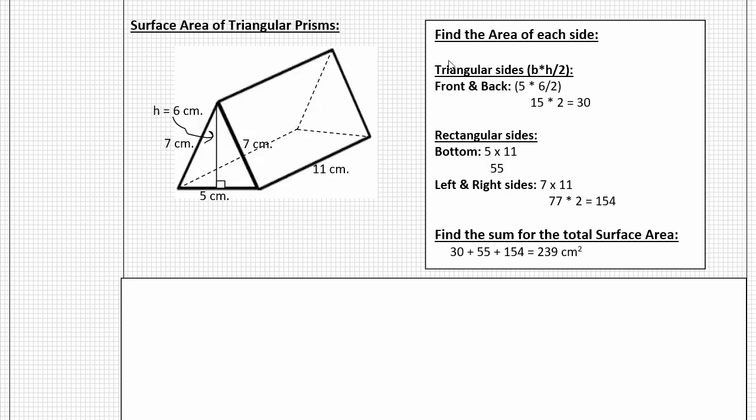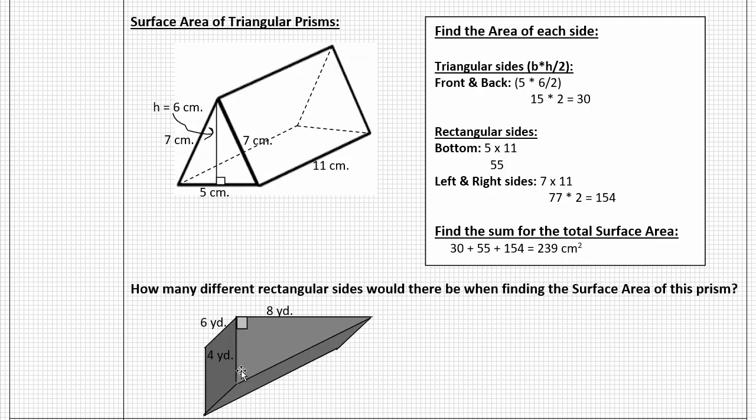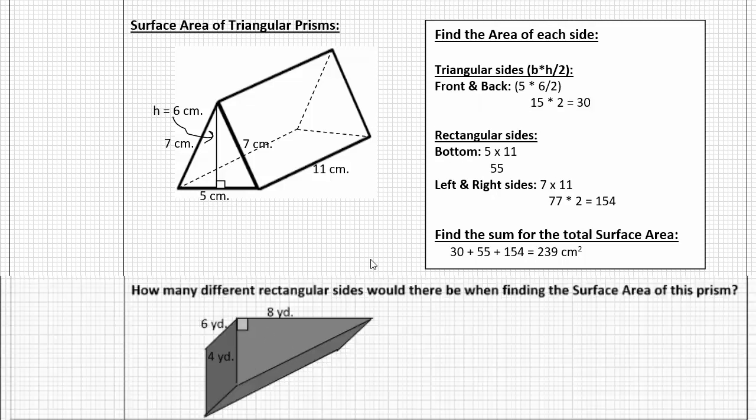So this is how I would lay out my work for finding the surface area of a triangular prism. We don't necessarily need to calculate the surface area for this discussion, but I do want you to think about, if you are laying your work out like this, how many different rectangular sides would there be when finding the surface area of this prism? This one here.